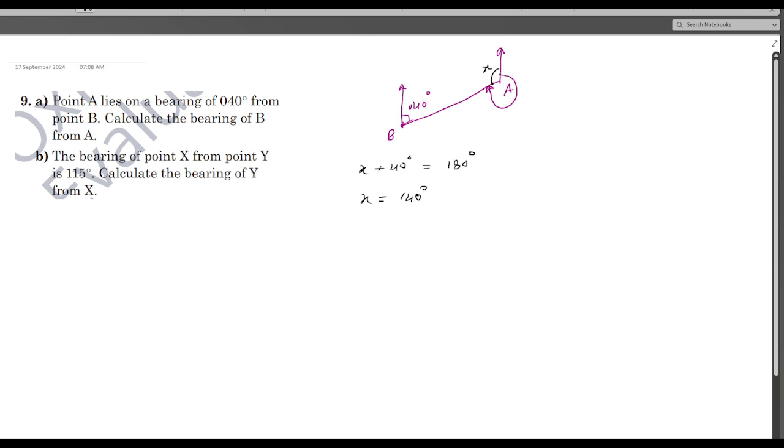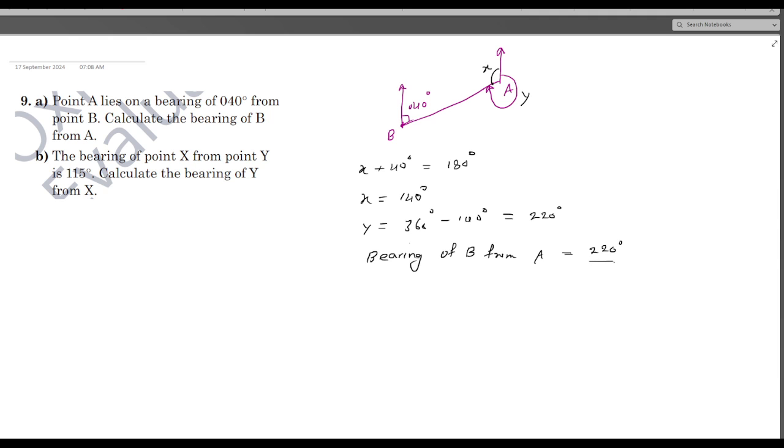And then say this angle is Y. So Y is equal to 360 minus 140, which is 220 degrees. So we will say that the bearing of B from A is equal to 220 degrees.